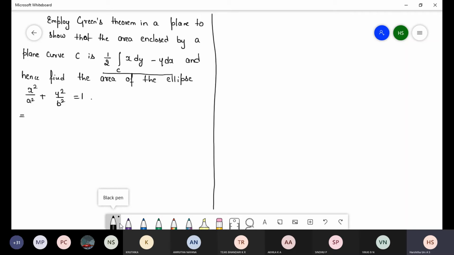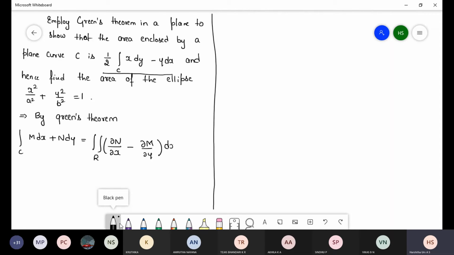Yes, write the solution by Green's theorem. By Green's theorem, write the Green's theorem: integral over the curve C of m dx plus n dy is equal to double integral over the region R of (∂n/∂x minus ∂m/∂y) dx dy. Call this equation 1.